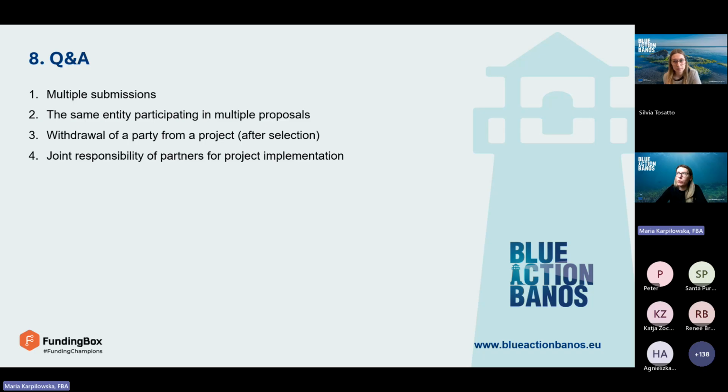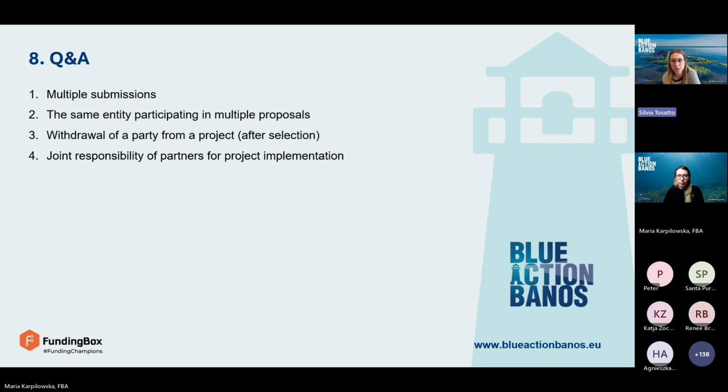Then also in the terms and conditions, there's a section under evaluation which says how we will solve ties, because it may happen that two proposals have the same scoring. There are different levels of how we will solve it. First we will look at this, then we will look at this, and so on. So you can check it in the terms and conditions.